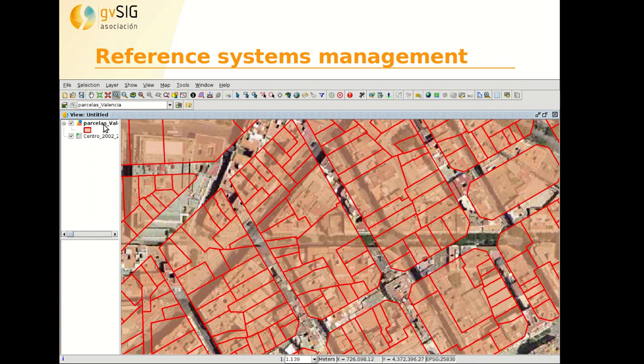It seems that one of them is correctly in the reference system of the view, and the other one hasn't been reprojected, or hasn't been reprojected correctly. So we have to take into account the reference system of the view and the reference system of the different layers that we are loading in GBC.